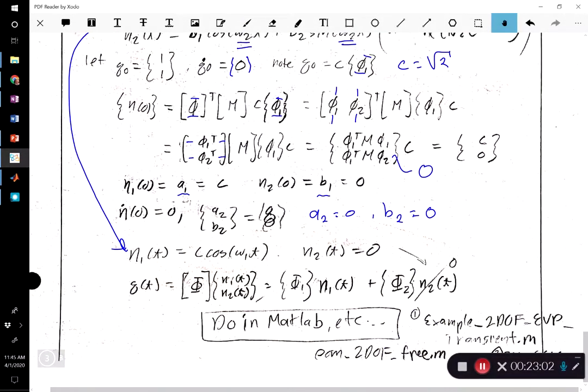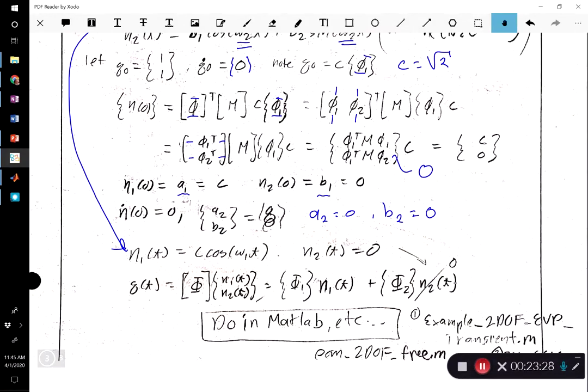So we do that here. Q of t is just this matrix phi times eta 1 of t, eta 2 of t. And using this same partition idea, we can actually break that into two terms. We can say that this is the first mode shape times eta 1 of t plus the second mode shape times eta 2 of t.